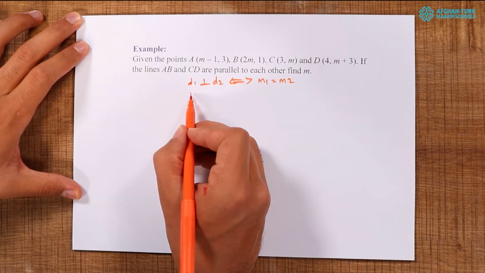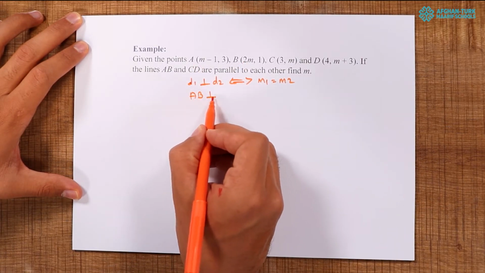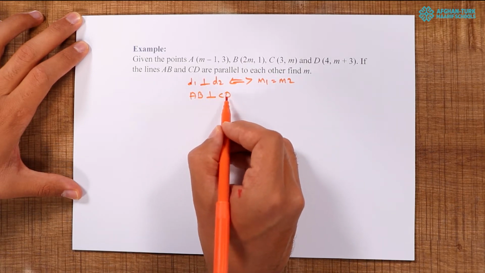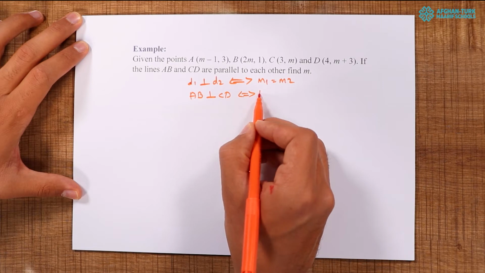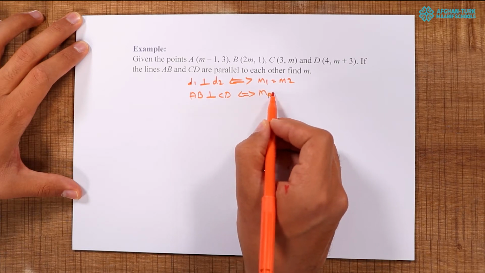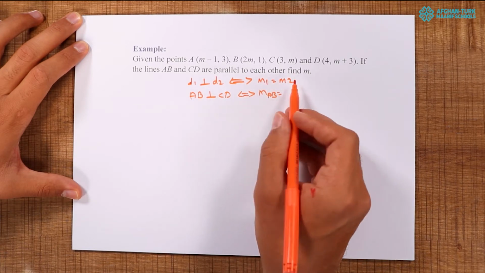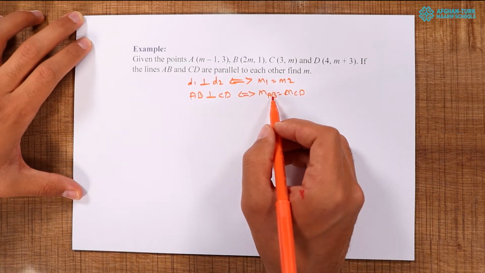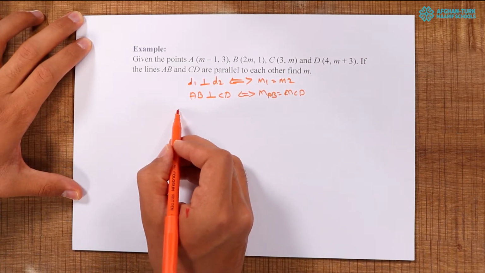So line AB is parallel with line CD, so slope of AB will be equal to slope of CD.